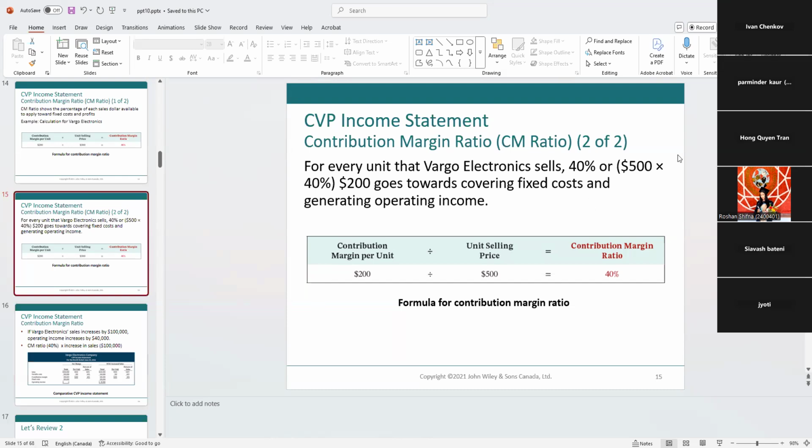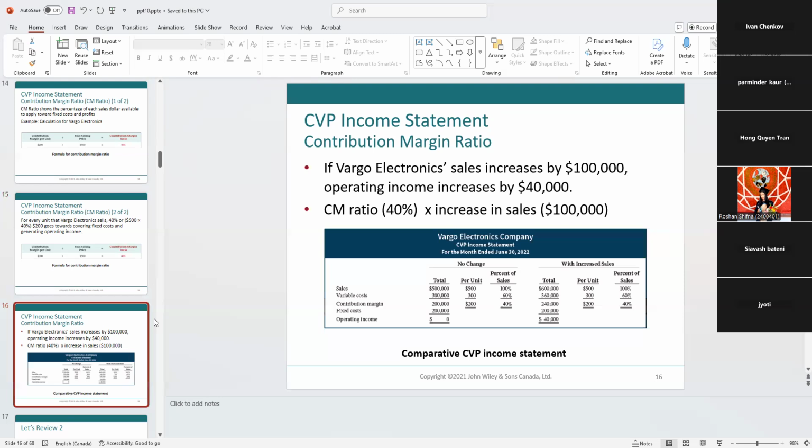And what we're going to do with that, we're going to try to cover the fixed cost. Because as long as we have the fixed cost, we're having a loss. So our objective is to increase that contribution margin to the level that covers the fixed cost. So if this company increases by $100,000 from where they are, if currently they're at 500,000, they'll break even. If they increase sales by $100,000, that means 40% of that is going to go to the contribution margin.